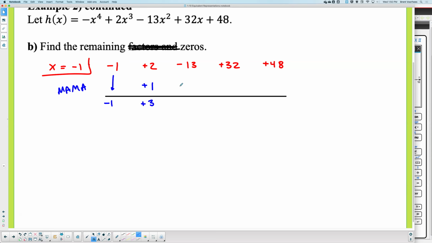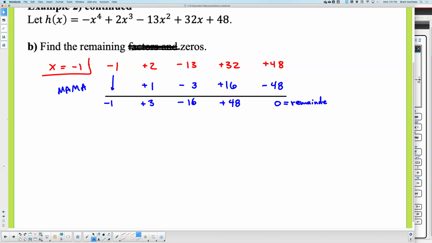Now we multiply. -3. Now we add. Good. Now we multiply. +16. Now we add. +48. And now we multiply. -48. Now we add. Now 0 is our remainder.